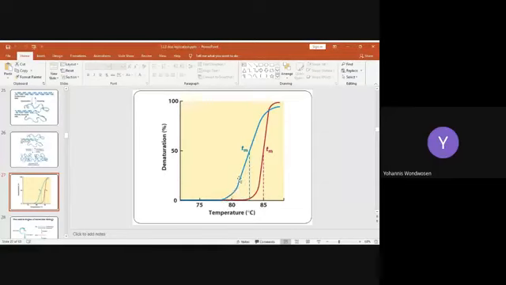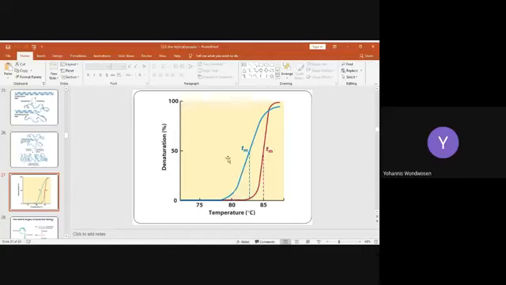Which one of the lines indicates the DNA strand having much more AT-rich regions? Which one indicates the DNA strand having much more CG regions? Okay, I'm looking for, okay, blue line. Students replied on the messaging. Yes, the blue line is the region with much more AT.